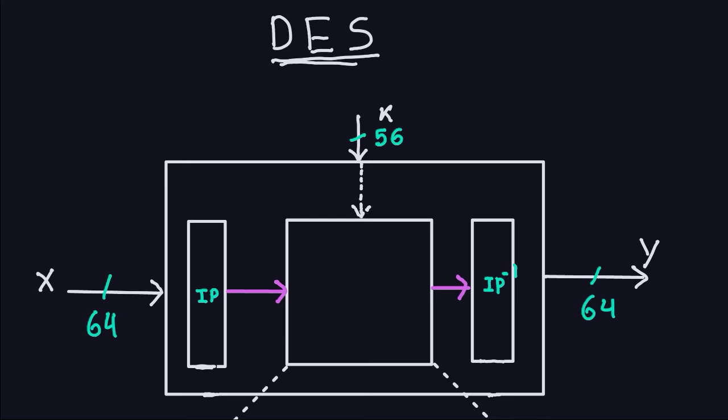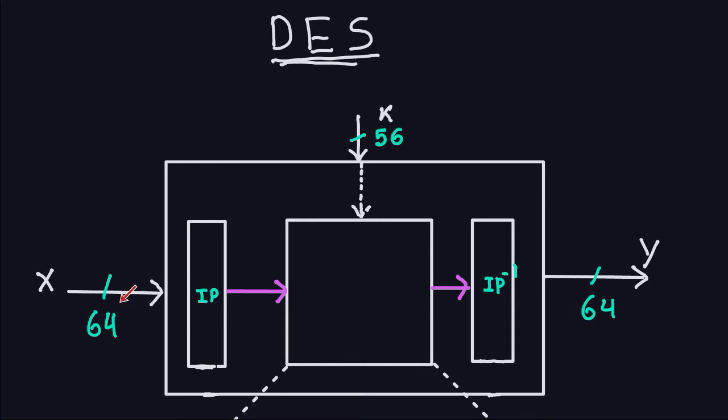Now, last time we talked about a little bit of the inner structure, and what that was is the following. Inside this box, we have a couple of things that are permutations. This block here permutes the plain text coming in.